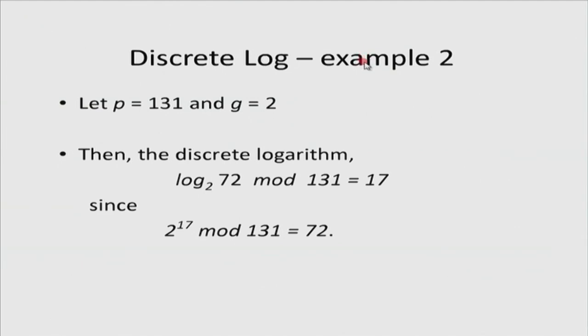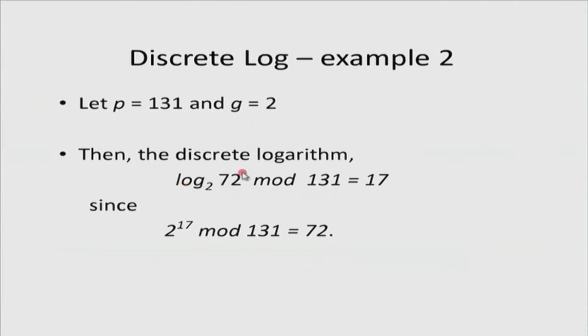So one example which is less trivial, let's suppose we've got the prime number 131. So Z131 star is the group with the operation multiplication modulo 131, and this happens to be a generator. It's not always that g equals 2 is a generator. So it turns out in this case that 2 is a generator. Then you can actually compute this by using a little program.